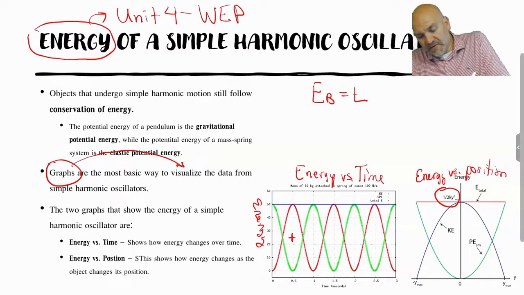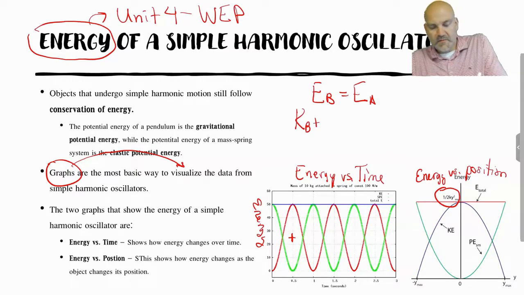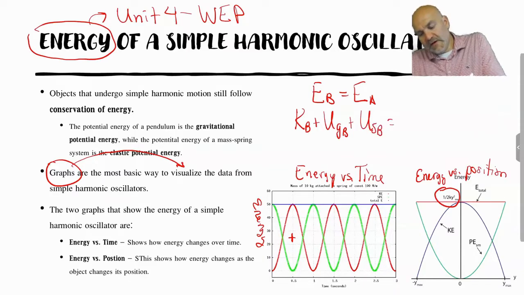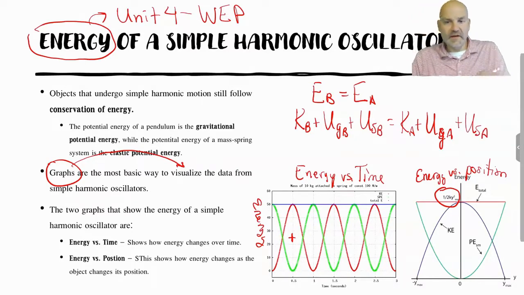But again, they'll follow the rules. E before equals E after. So K before plus UG before plus US before equals K after plus UG after plus US after, right?